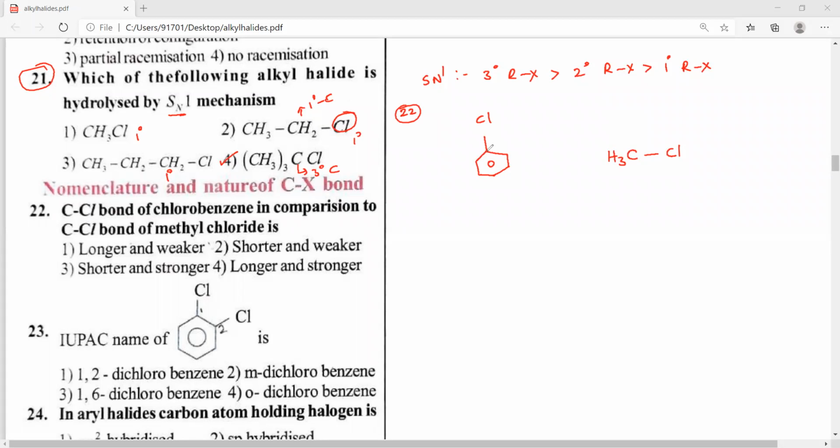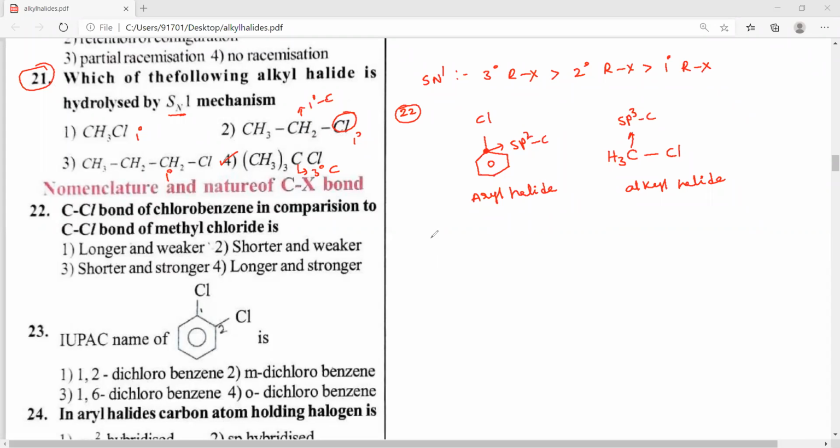If you observe, chlorobenzene is an aryl halide, or aryl chloride, and this other one is an alkyl halide, or alkyl chloride. The halogen-attached carbon here is sp2 carbon, and here the halogen-attached carbon is sp3 carbon.